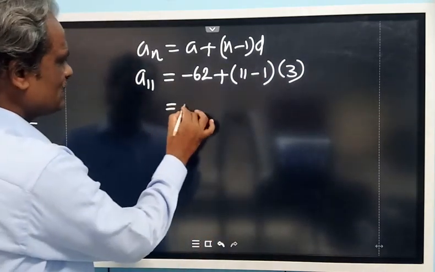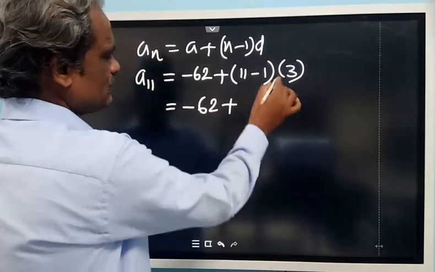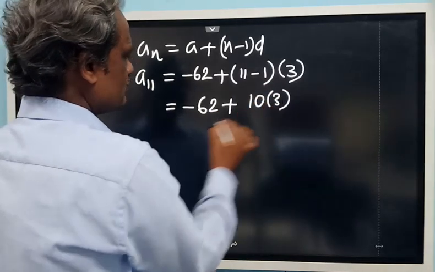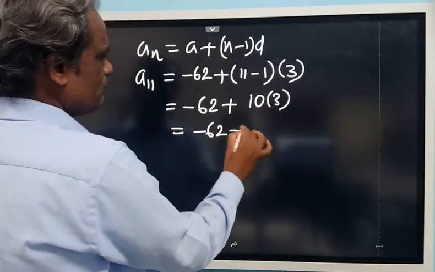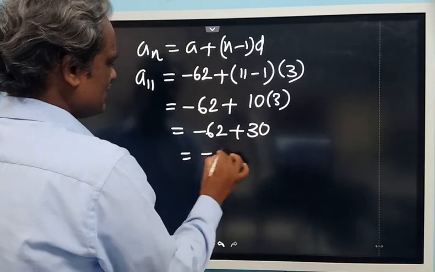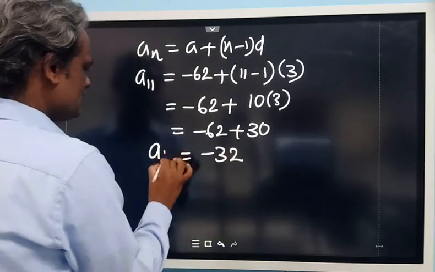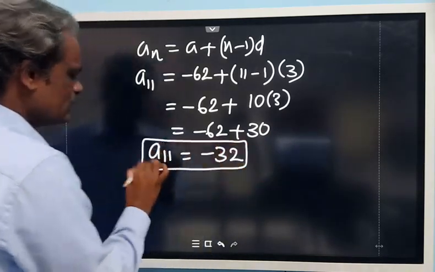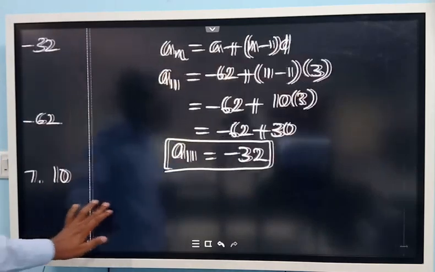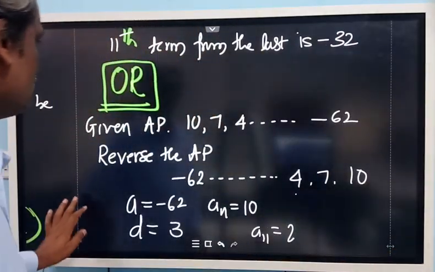Now simplify this one. Minus 62 plus 10 into 3. So minus 62 plus 30. So your answer is minus 32. So this is the 11th term. You can do it in this way also. You understood the difference between these two?